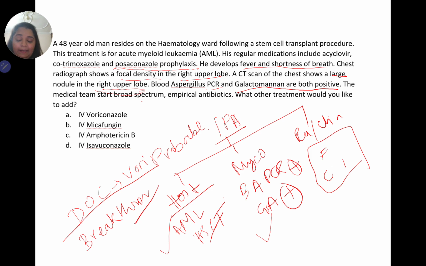Whenever we are dealing with breakthrough infection, until we have the species of Aspergillus or the AFST, it is necessary that you give another class of drug. So here obviously voriconazole or isavuconazole we won't be giving. Will you be giving micafungin? Echinocandins have no role in treatment of aspergillosis as a monotherapy. There can be in case of combination therapy, but obviously not as a monotherapy. So here the answer is amphotericin B.